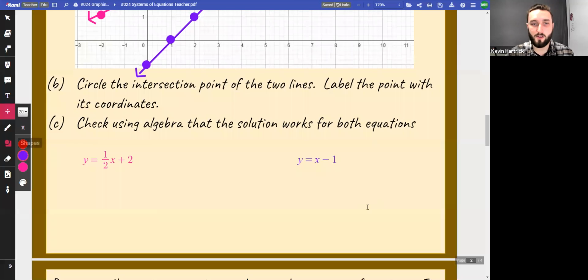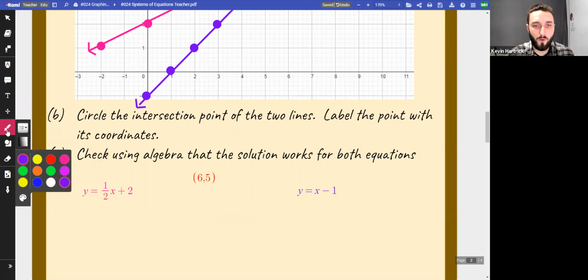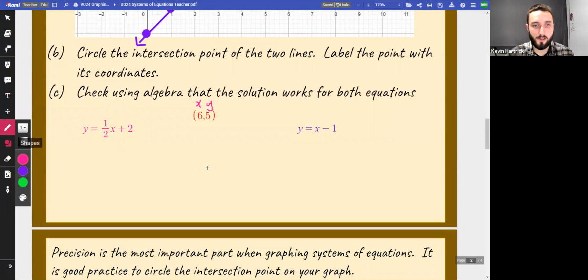We're going to take our solution, which was, what was it again, (6, 5). I'm going to substitute them in for the x and the y. Remind yourselves that the first number is the x, the second number is the y. So I'm going to put a 6 in for x, a 5 in for y, and I'm going to simplify.